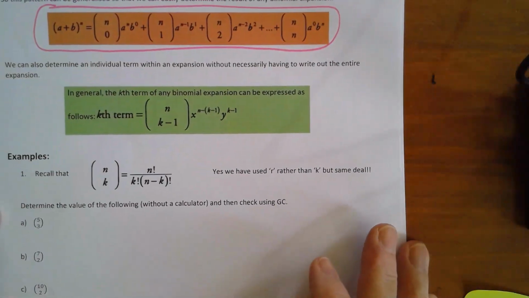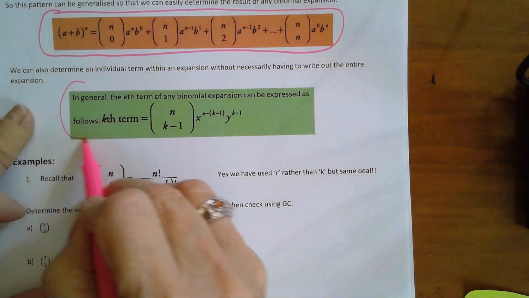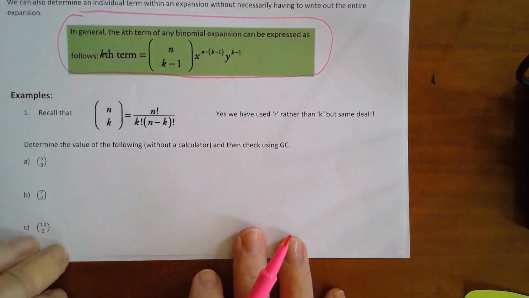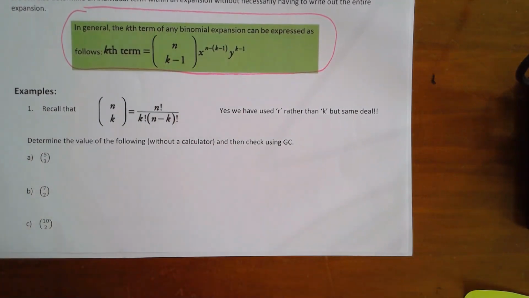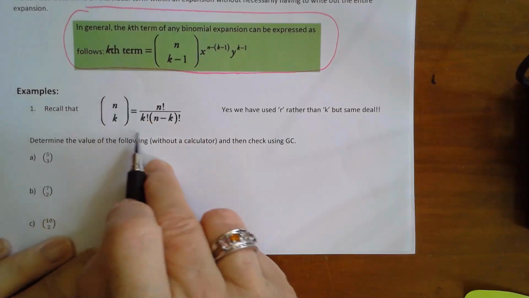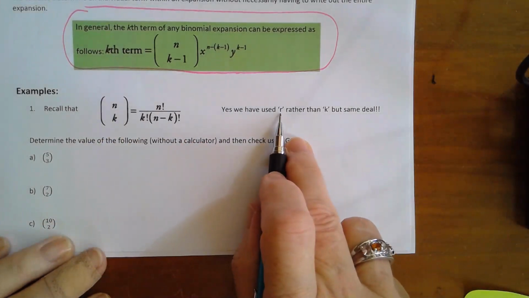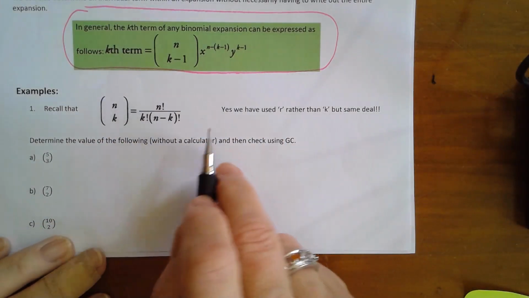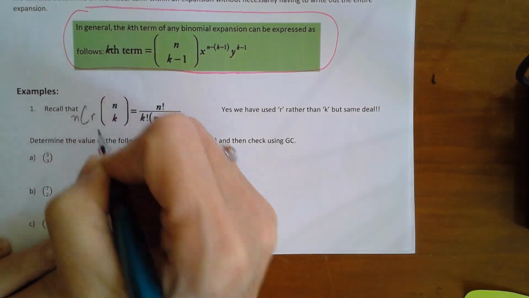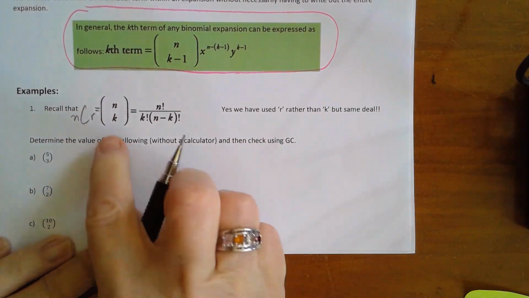Okay, and this one as well. This general term of any term in the sequence, you're not going to need it today, for sure, not until I get back or not even until next year. All right, so we're just recalling that this is the formula. I used a k instead of an r, but it's the same formula for nCr, same thing. We use these a lot.